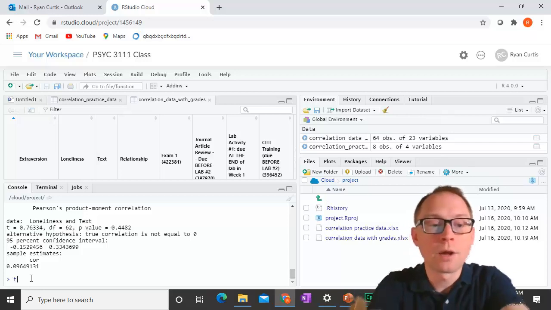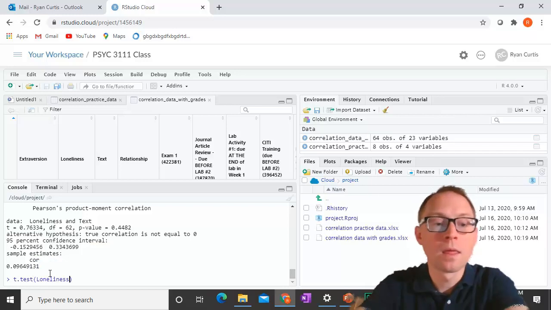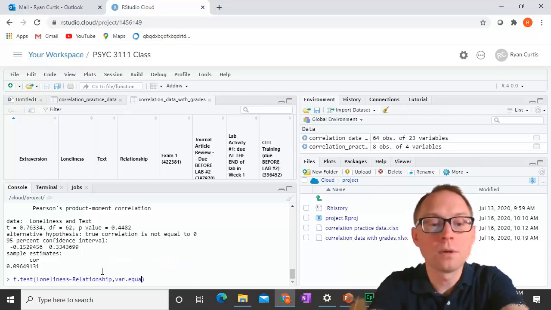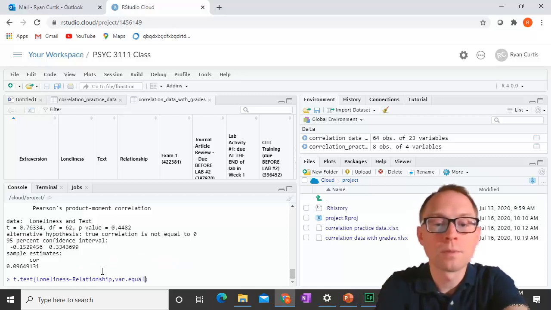So I'm going to t.test. I put the dependent variable first, right? The outcome variable is loneliness in this case, loneliness. And then I put a little tilde right there. And relationship is the predictor in this case, comma var.equal equals true.